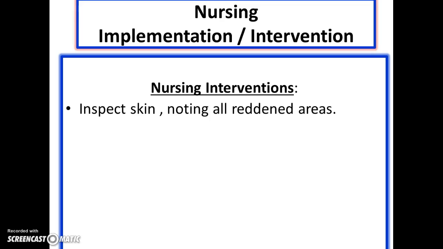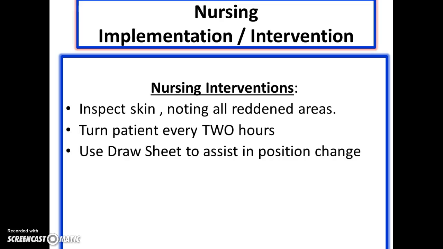Right? Now we're going to be talking about the skin, because we're doing both of these diagnoses. The first one I just talked about were the interventions for the fall. This is interventions for the skin. So you're going to inspect the skin, noting all the red areas. You're going to turn the patient every 2 hours.